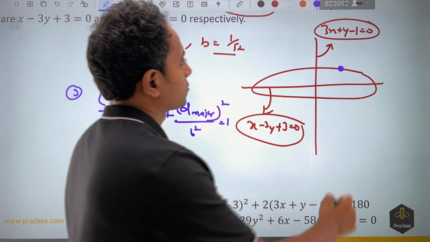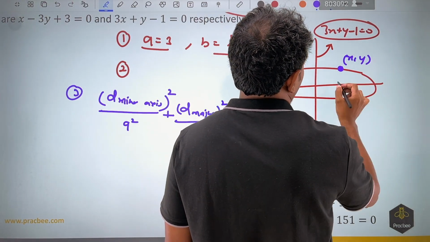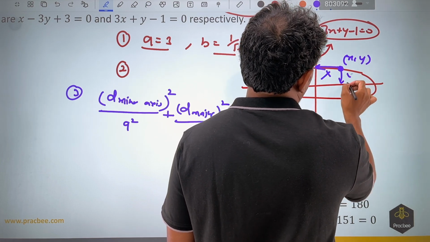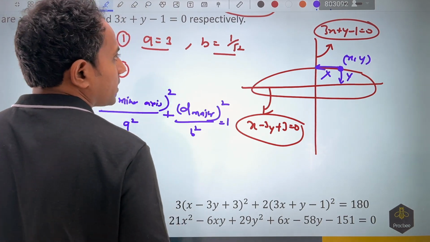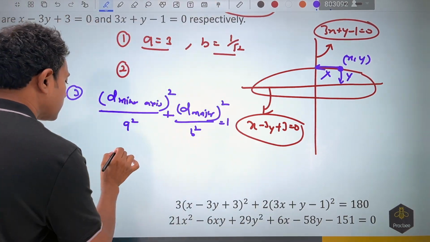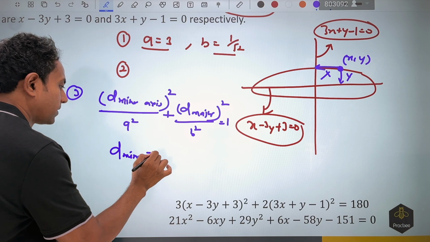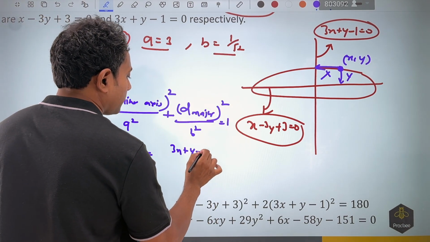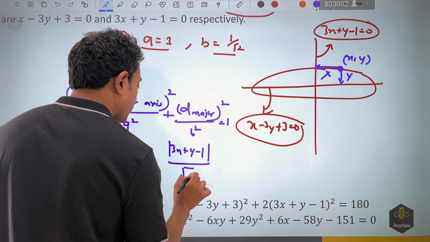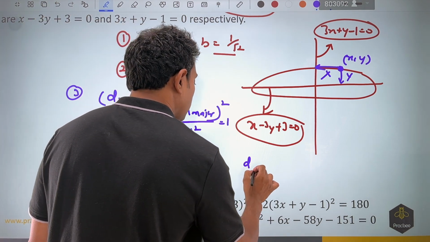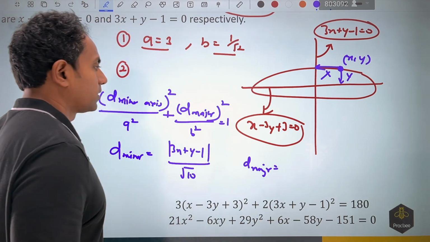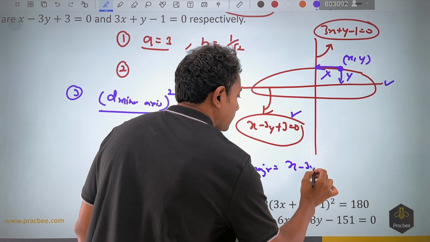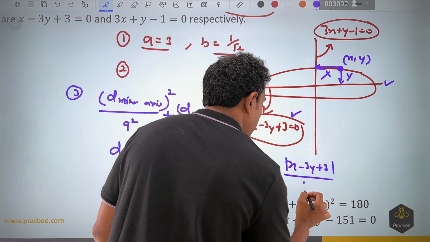So if I take this point as x comma y, you can see that this distance would be nothing but capital X, this would be nothing but capital Y. So if you find this, d minor will become nothing but the distance of that point from that line. So 3x plus y minus 1 mod by root of 10, and d major here would be nothing but the distance from this axis, the equation is given here. So it will become x minus 3y plus 3 mod by root 10.